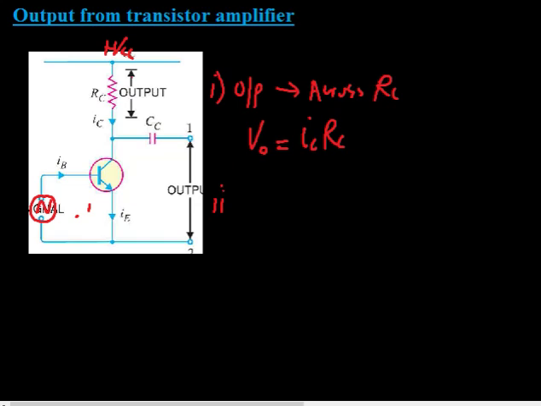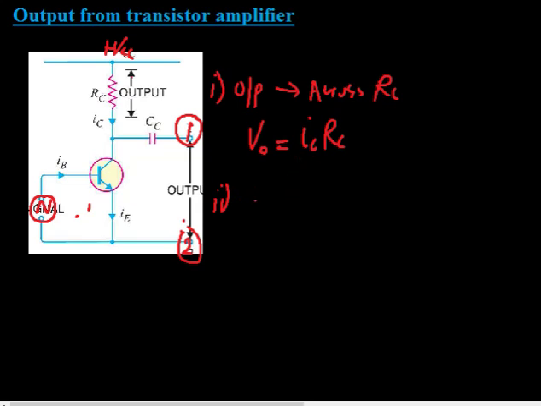Now another way is to take output across the terminals 1 and 2. Here are the terminals 1 and 2. If you take voltages across these terminals, you can see that the voltage magnitude will be the same as ICRC.